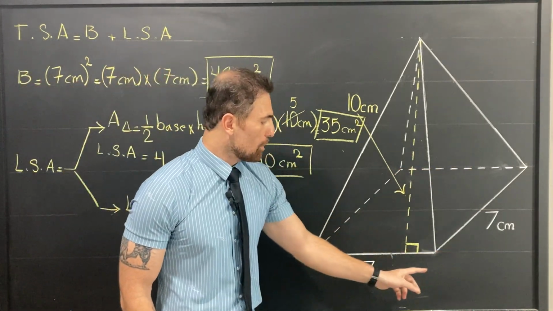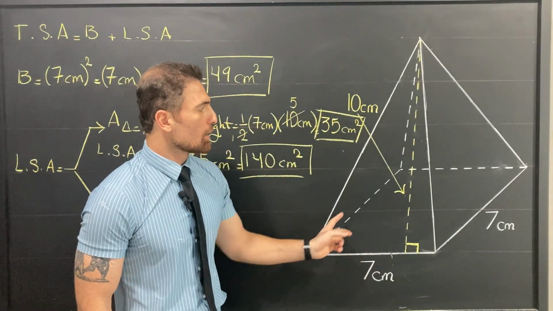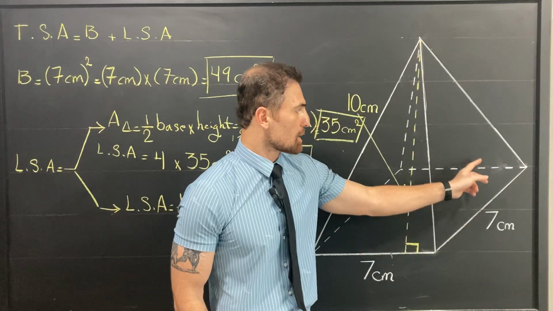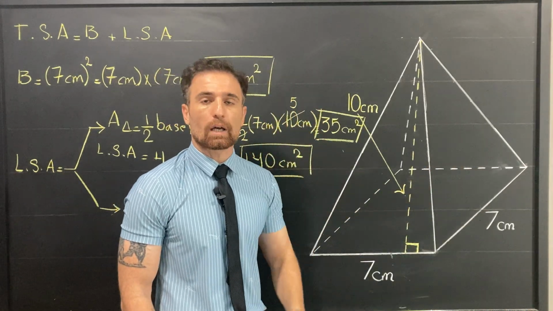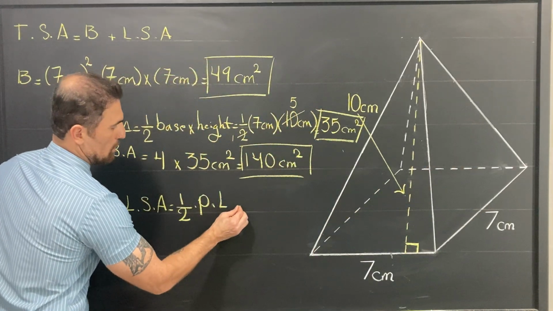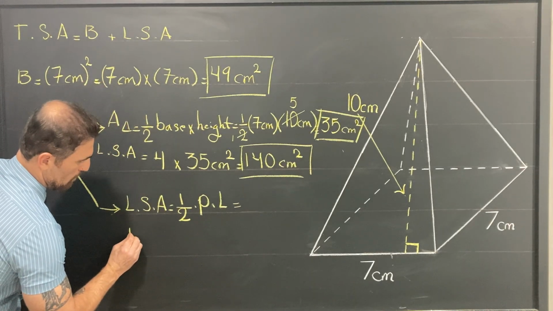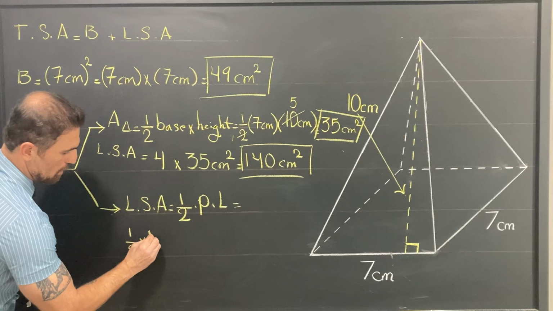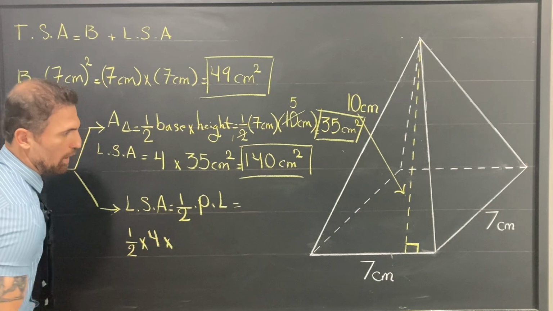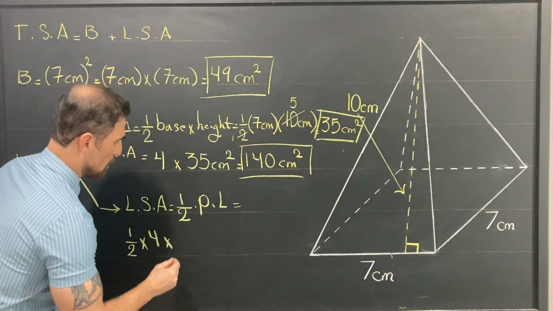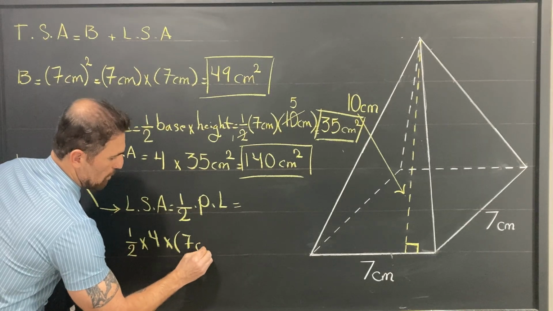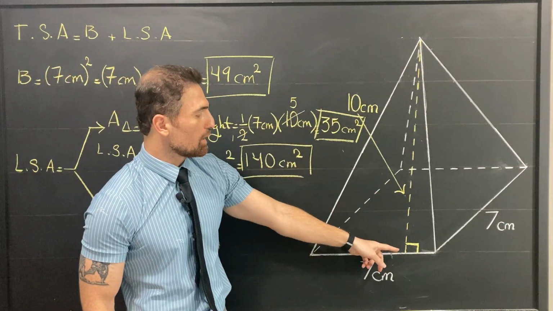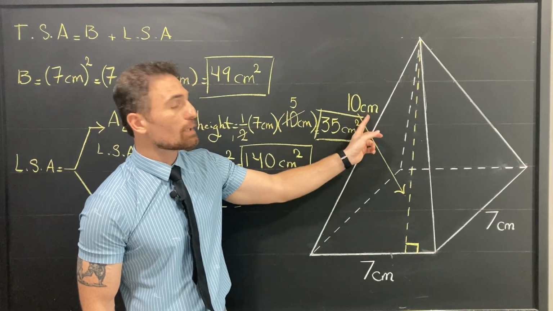In this example, the perimeter of this square is 7 plus 7 plus 7 plus 7, or 4 times 7. 1/2 times 4 times 7 centimeters. The slant side in this example has a length of 10 centimeters.